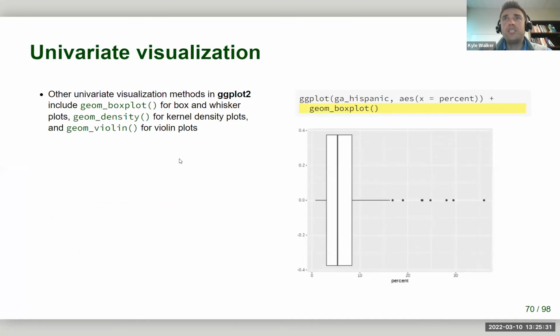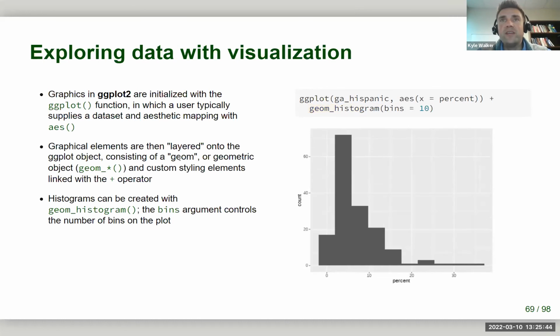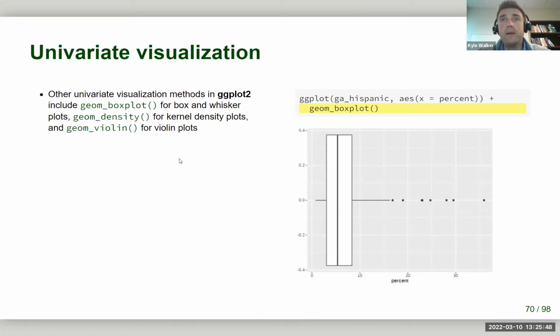One of the great things about ggplot2 is you can set up a consistent syntax and then iterate through different geoms to really pick the exploratory graphic that you like the best. So one method of showing univariate data distributions is a histogram. Another common method is the box and whisker plot, implemented here in geom_boxplot, where you have a box that represents, with a central axis, the median.